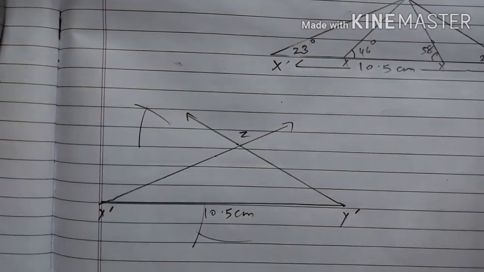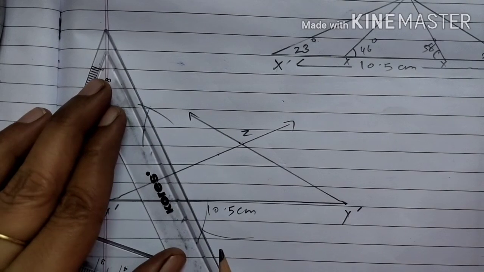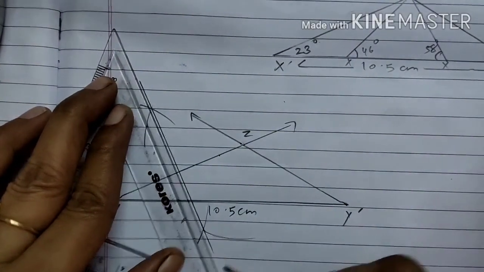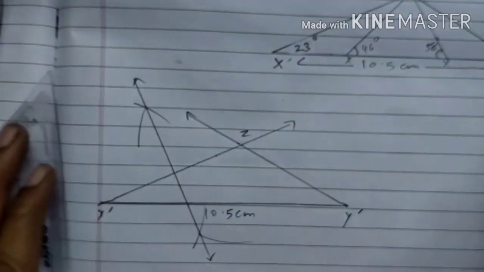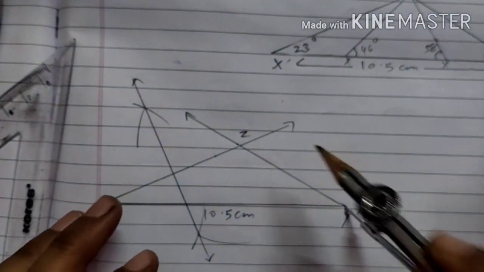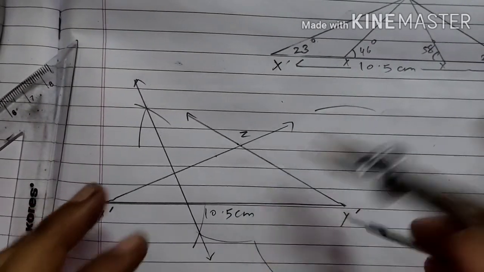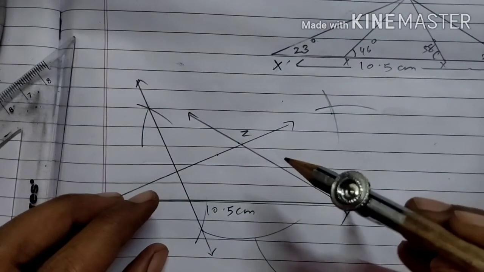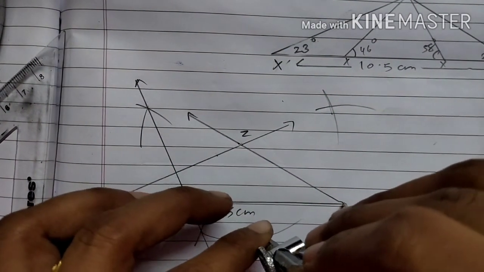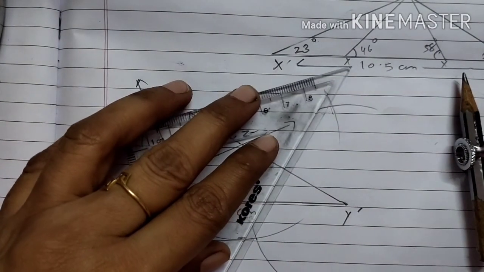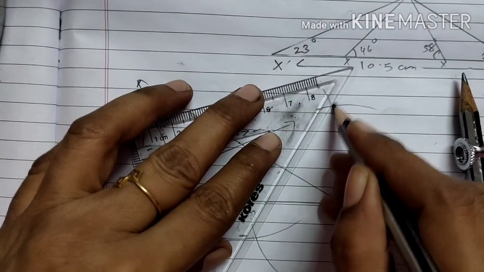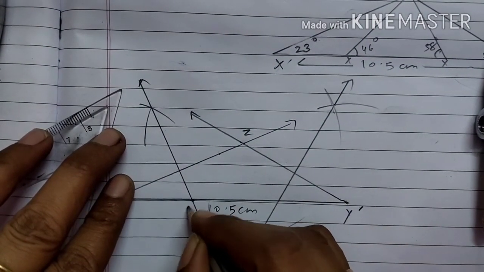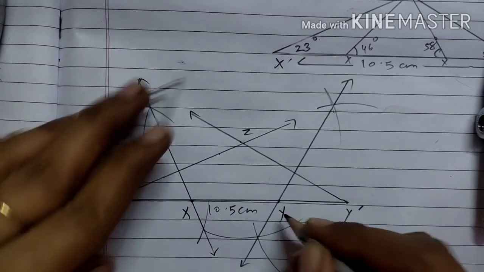This is the perpendicular bisector of Y dash and Z. Now draw the perpendicular bisector of X dash and Z. These two perpendicular bisectors intersect the base at 2 points. This is your required point X and Y.